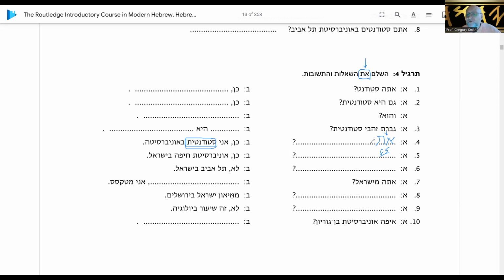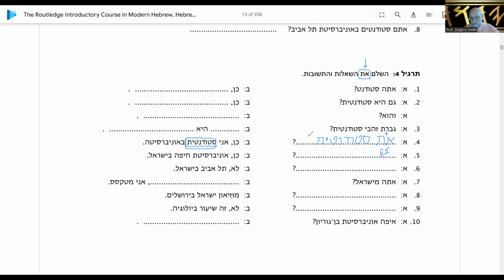And then we're going to use studentit. So we're just going to say at studentit. And so we'll use a samech, and we'll put our tet there. This would be like a shuruk in this case. Dalet, nun, tet, yod, tav. Okay, at studentit, are you a student? Now we could say ba'universita.